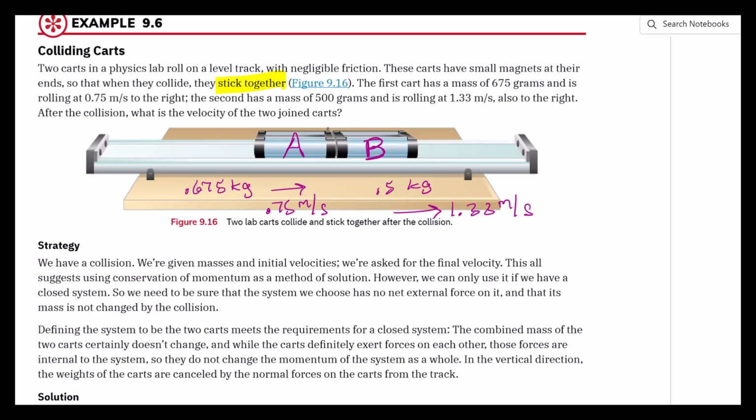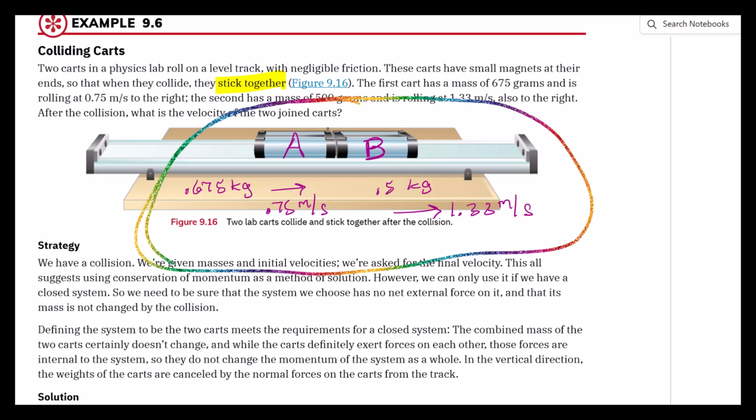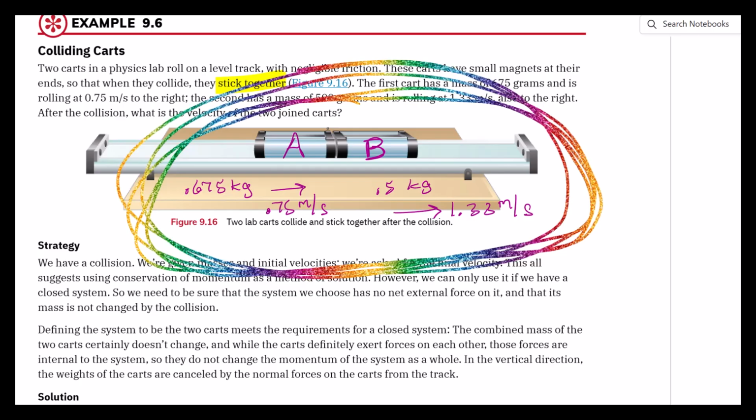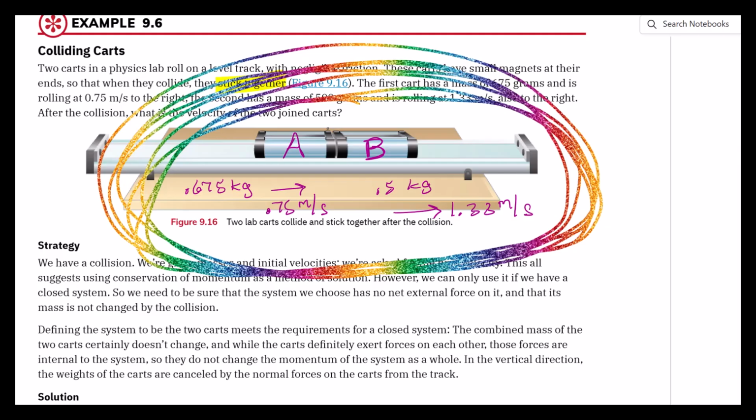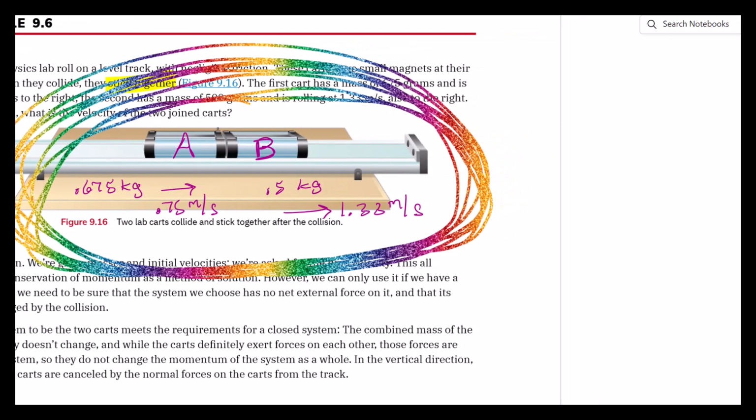Okay, so if I'm looking at it as a system, it doesn't matter what the force is between them because they're stuck together, there's no deformation, and I'll show you what this is doing. Basically, let me write it in words first and see if that helps.